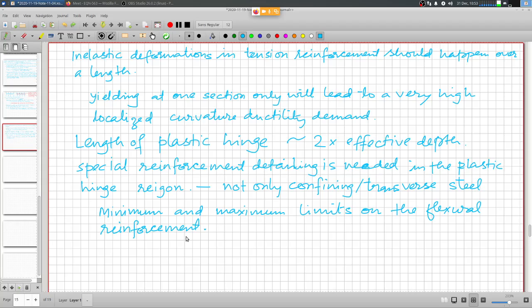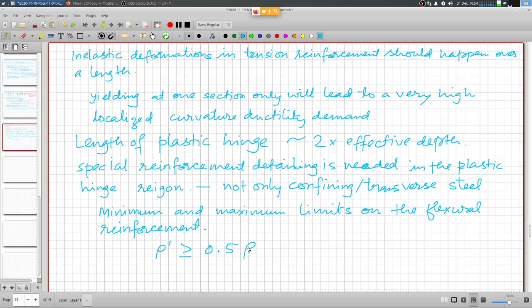And so both a minimum limit on flexural capacities, and the maximum limit on the reinforcement that can be provided. And of course, there is also the requirement that compression reinforcement has to be greater than or equal to 50% of the tension reinforcement at any point of time. This is something I mentioned earlier.